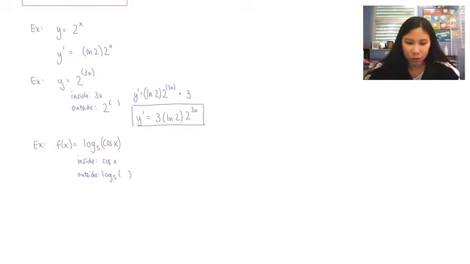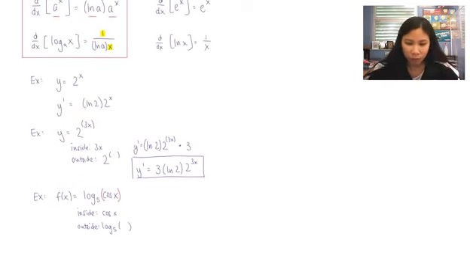Okay, so using our new derivative rules for the logs, the derivative of the outside would be 1 over the natural log of 5 times, and then instead of x, I have the stuff in parentheses, which for us would be the cosine of x.